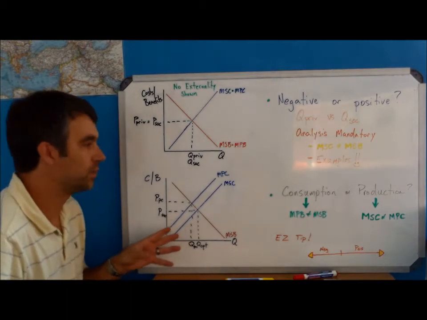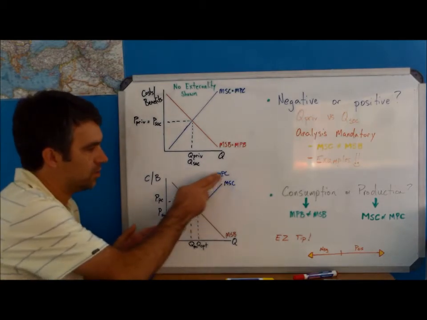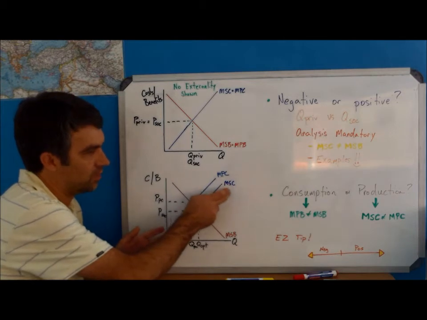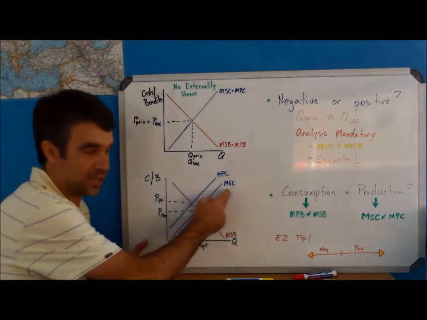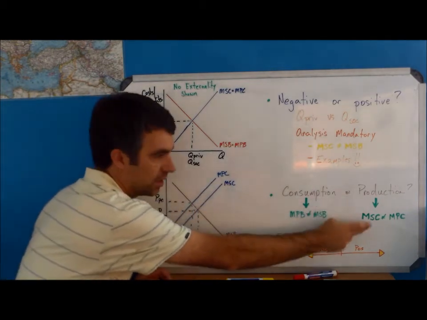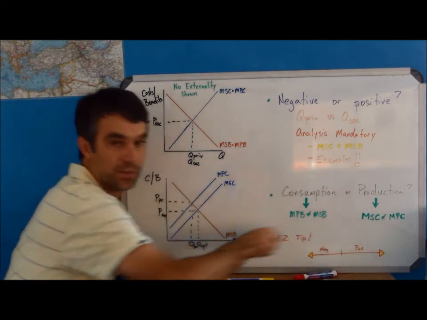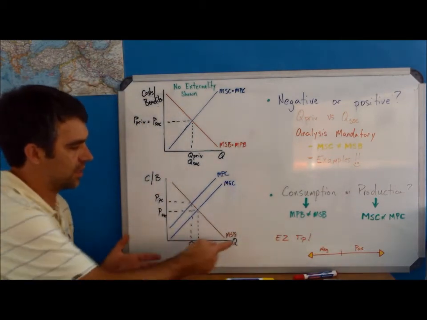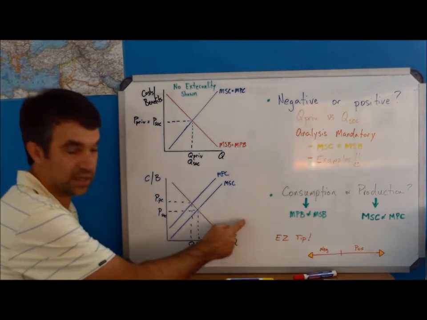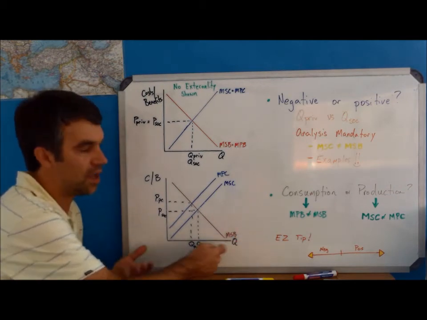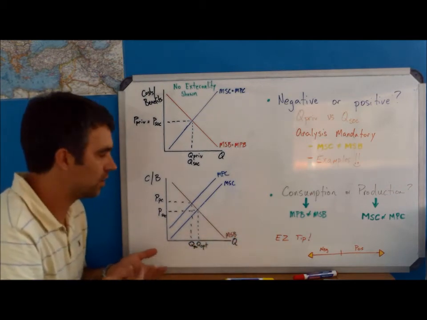In this diagram, because there are two cost curves, we can tell that this is going to be an externality of production, because MSC does not equal MPC. You'll notice on this, I haven't actually written MSB is equal to MPB. You don't actually always have to.